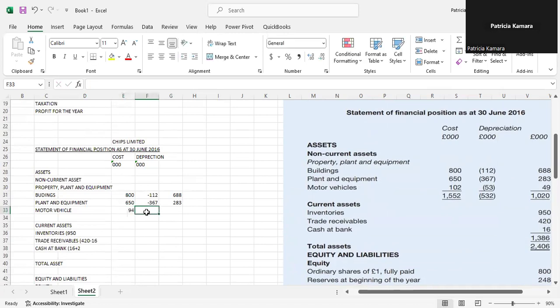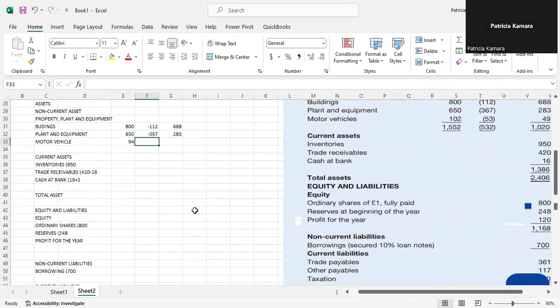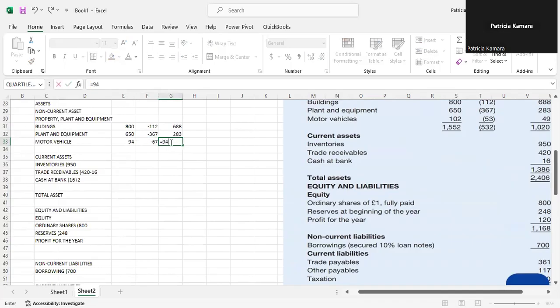And then our accumulated depreciation is now 67. When you do the subtraction, 94 minus 67, this will give you 27.